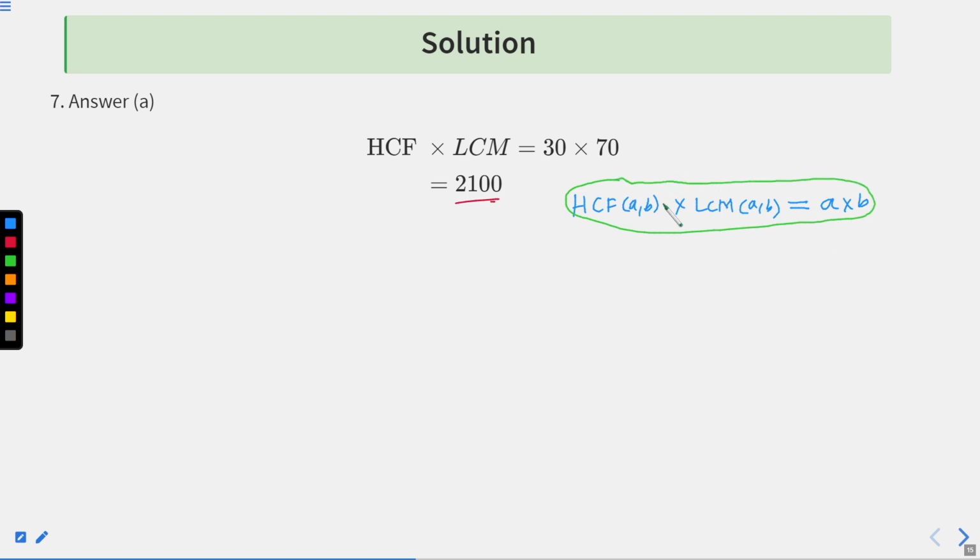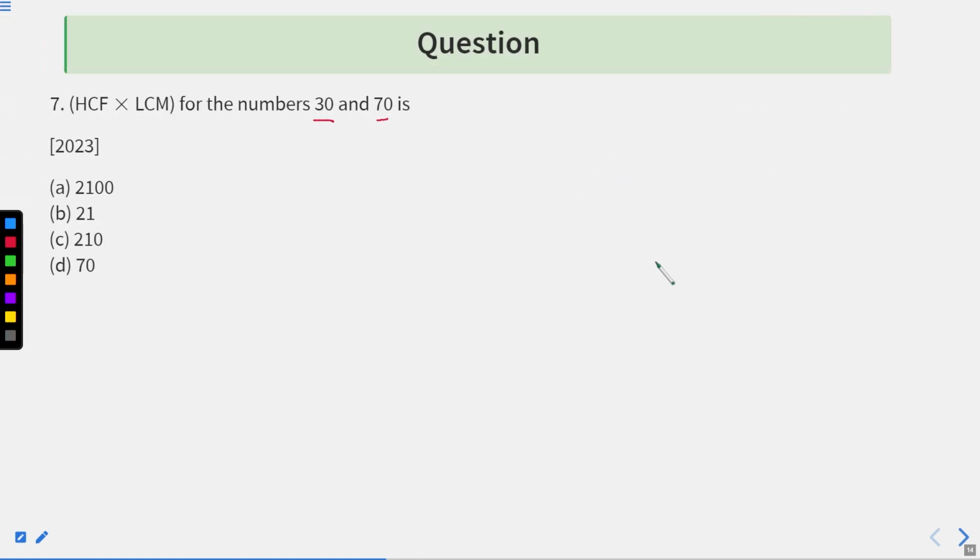If you use this result, then we will get HCF of 30, 70 into LCM of 30, 70 equal to 30 into 70, and this is equal to 2100. Okay, and now if we see the options, in option A we have 2100. So here the correct answer is option number A. Okay, so option number A is the correct option.